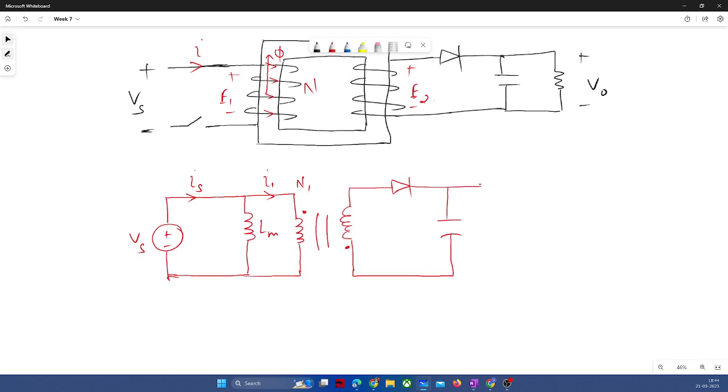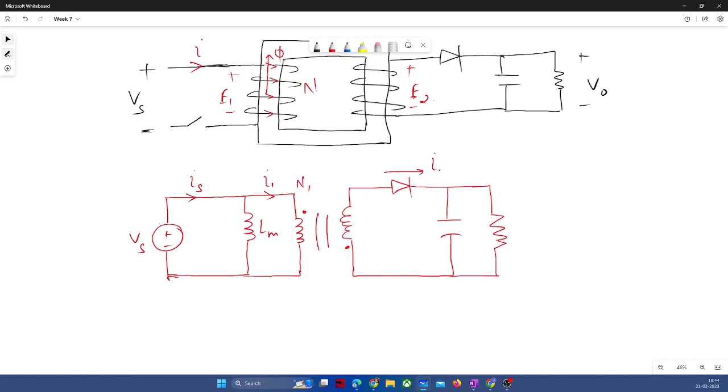So by observing this circuit, are you able to recall any particular non-isolated DC-DC converter? It's a buck-boost, right? Buck-boost, yeah, perfect. So it is similar to the buck-boost apart from this isolation.